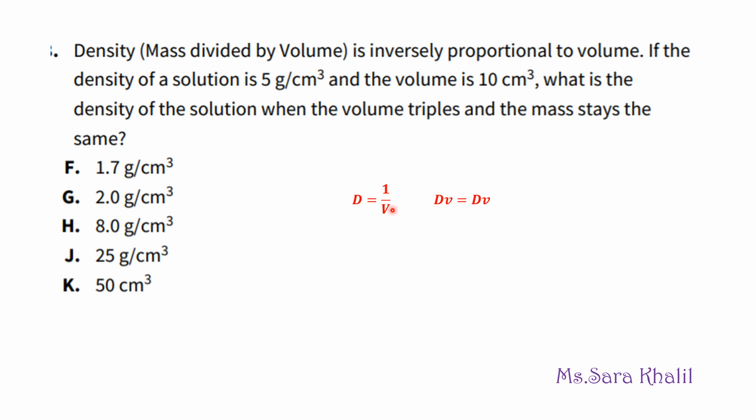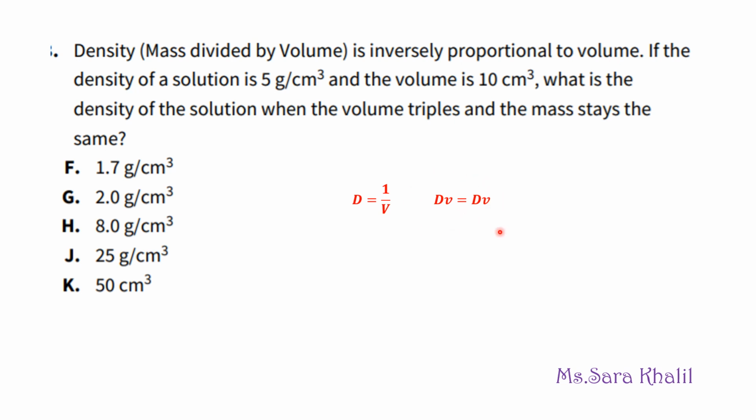Instead, think about it this way. Density is mass over volume, or let's say 1 over V, inversely proportional. If I know D times V will always be the same, so I always think if they are inversely proportional, I'll multiply the density by the volume. It equals the other density by the volume.